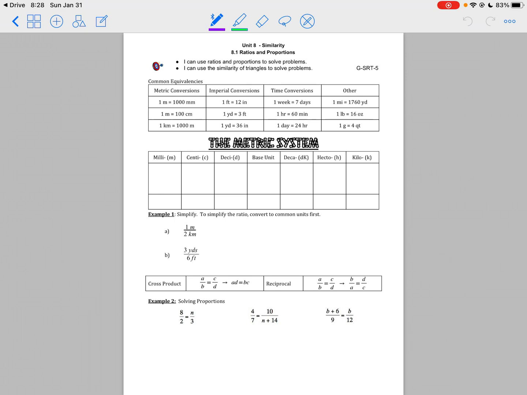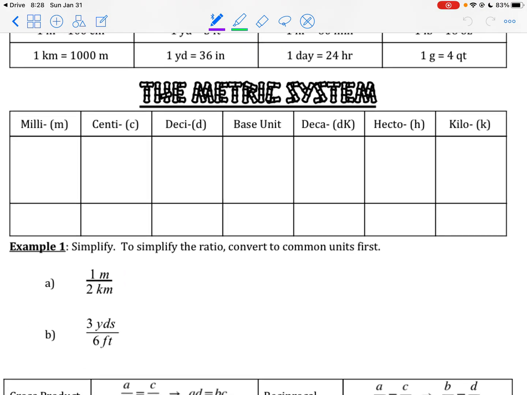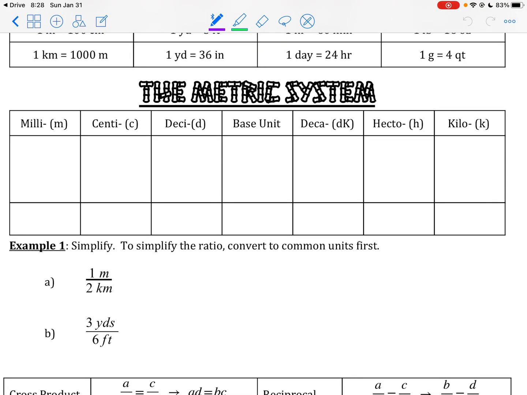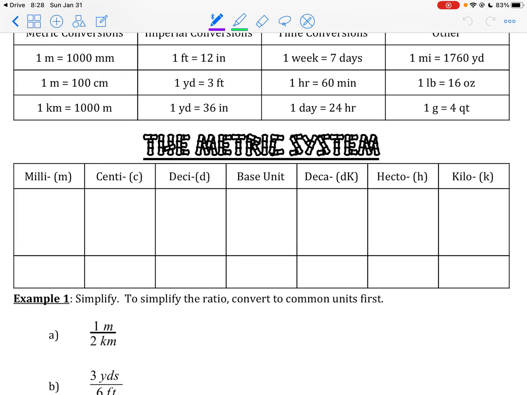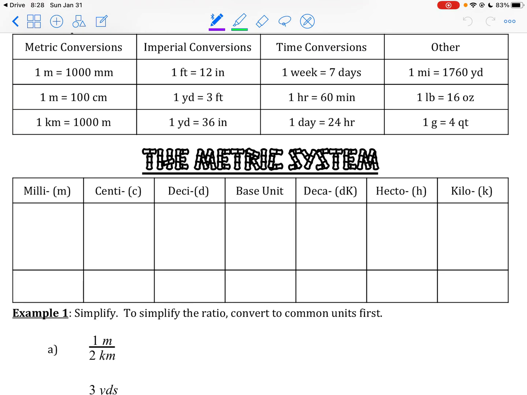So if we're talking about the metric system, it always starts with a base unit. If we think about what the units could be, if we're talking about distances, we'd use meters. If we were talking about liquid measurements, we would use liters. And weight is measured in grams.